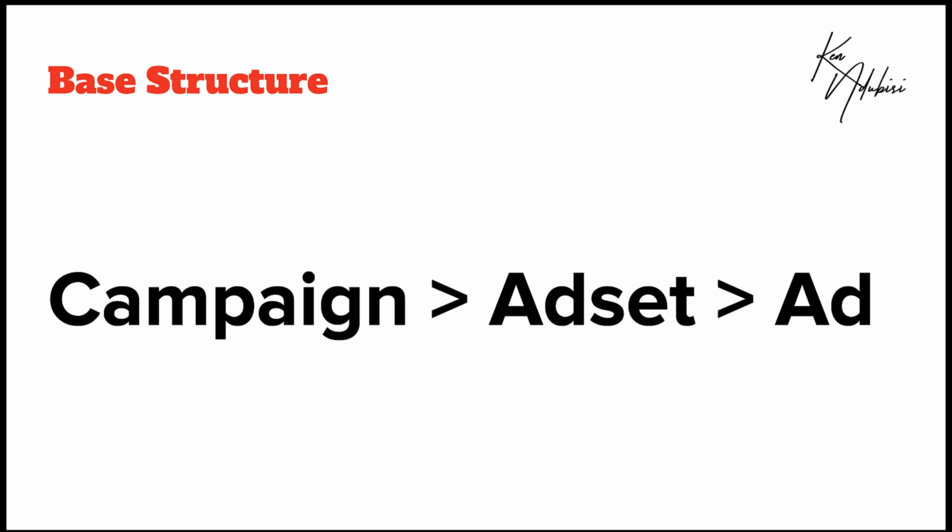While the ad section is where you choose the creative, that's the type of content you're using for the ad, whether it's an image, whether it's a video, whether it's a carousel. And it's also where you select the URL, that's the website that you want to drive traffic to, and also the page that you want to drive traffic to. So this is the base structure of what your normal Facebook ads look like.